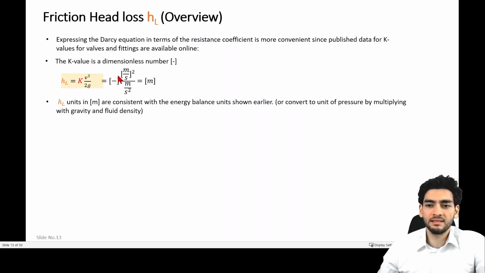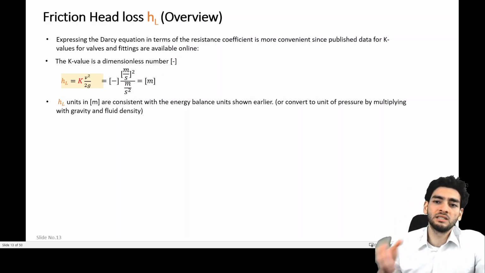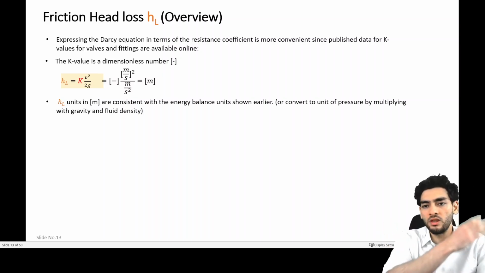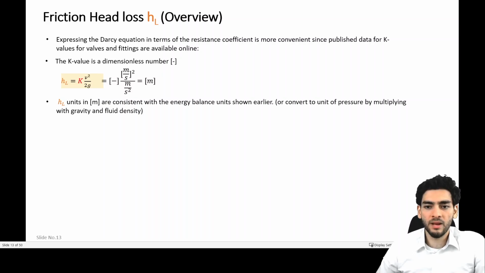And if you cancel the meters squared with the meters at the bottom and the seconds squared with the seconds squared, the units of the friction head loss would be in meters. And we know that it must be the case so that it's consistent with the energy balance that we've seen. And similarly, you can convert the friction head loss term from units of meters to units of pressure, the same way you would with the other terms in the energy balance, if you multiply it with gravity and the fluid's density that you're using.